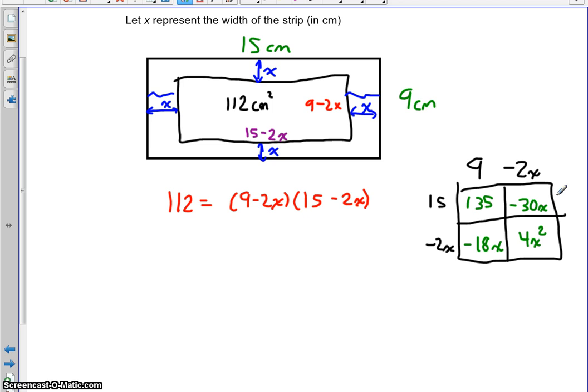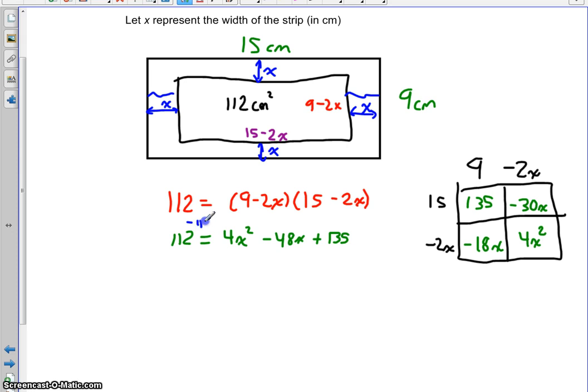Okay, so the right side of my equation becomes 4x squared minus 48x plus 135. And again, that's all equal to 112. So if I want to solve this quadratic equation, everything has to be equal to 0.